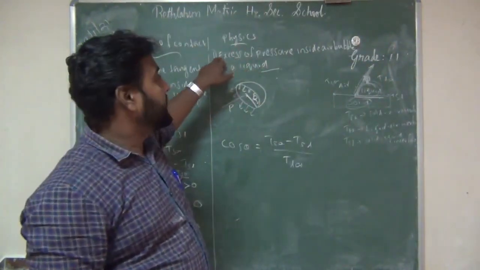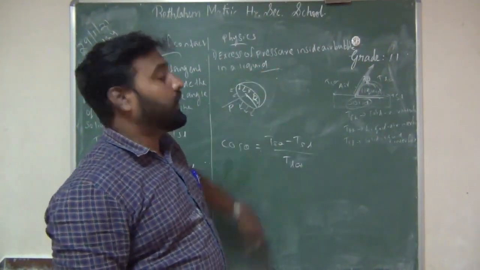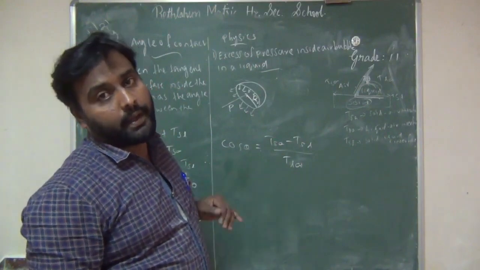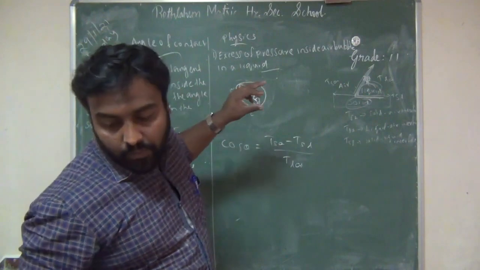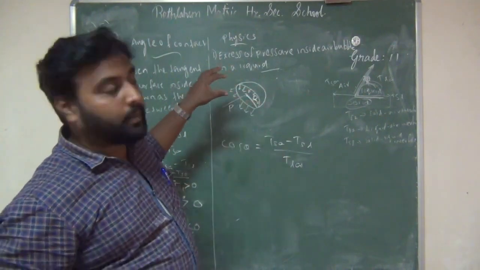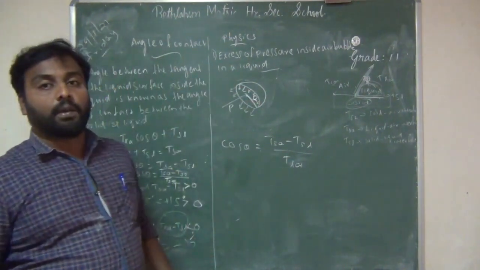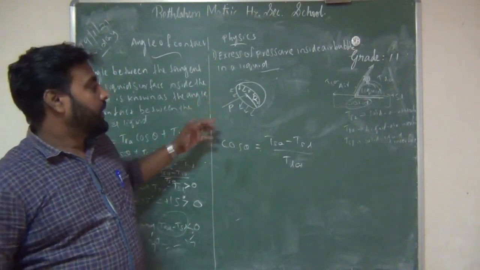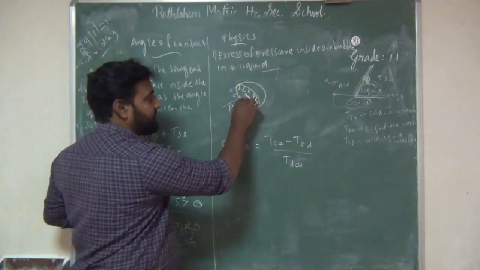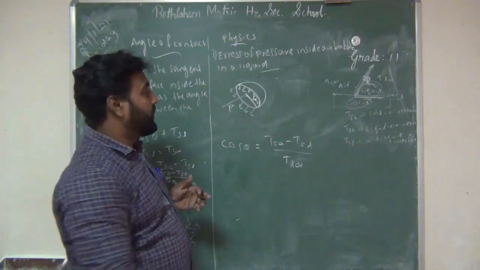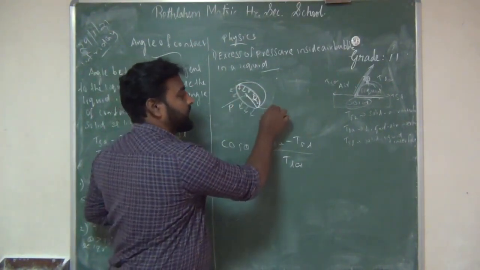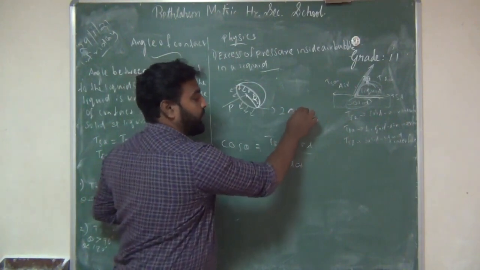First one is excess of pressure inside an air bubble in a liquid. You can see the diagram. Here there is a rim, which is a circular shape. We know the distance of this rim is 2 pi r.